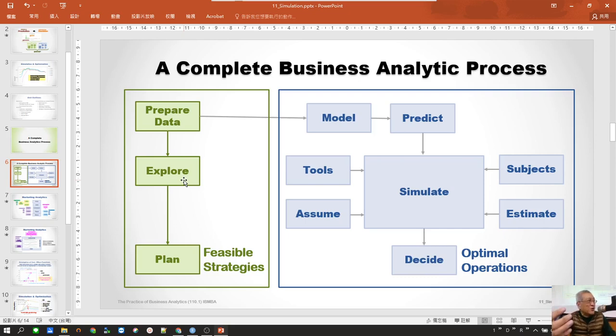When you can see the global trend, the global structure and phenomena, you can set your strategy, so you can do planning and see your feasible strategy. That is what we have done in the first half of the course.